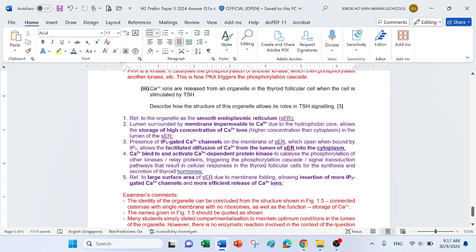Then back to the structure of the smooth ER, you can mention the large surface area. But between large surface area and efficient release, you should mention the insertion of more IP3 gated calcium channels. So that is the logical explanation: large surface area so that there are more channels, so that there is more efficient release of calcium. All right.